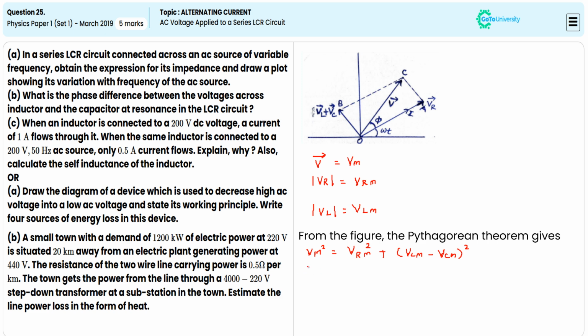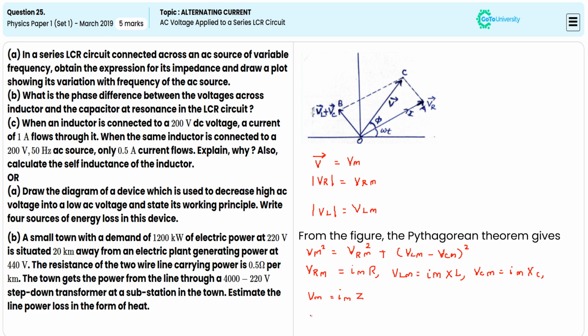Simplifying, Vrm is equal to Im times R, Vlm is equal to Im into XL, and Vcm is equal to Im into XC. Substituting, Vm is equal to Im Z.